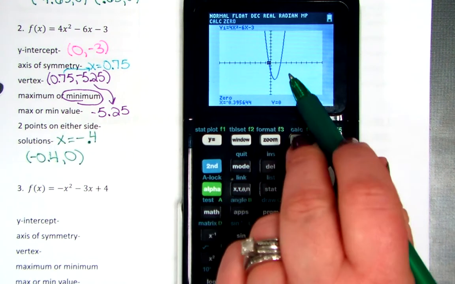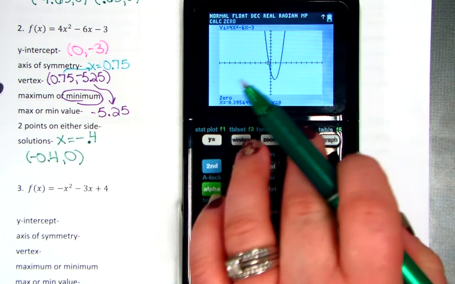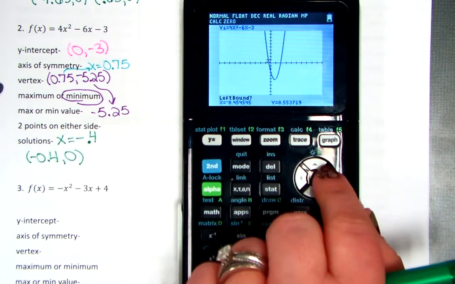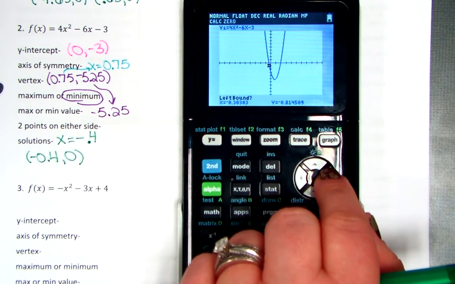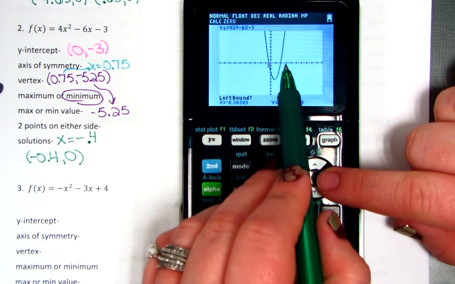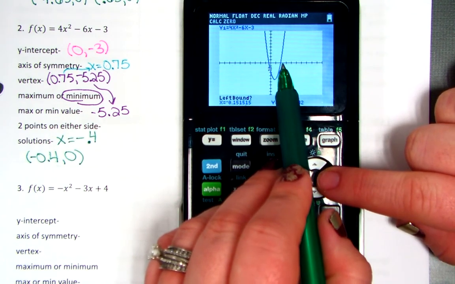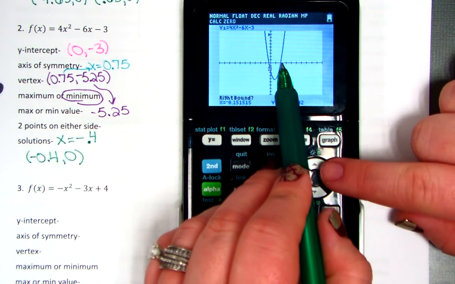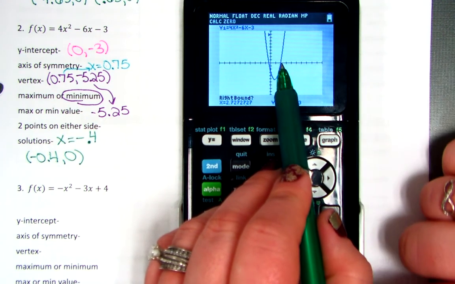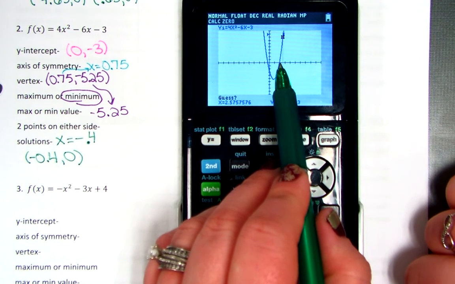Now we're going to go through the process to find this one. Second calc, option 2. We'll move our cursor so that it's past the first zero that we found, but still on the left side. Press enter. Now the right side of that zero, and press enter.